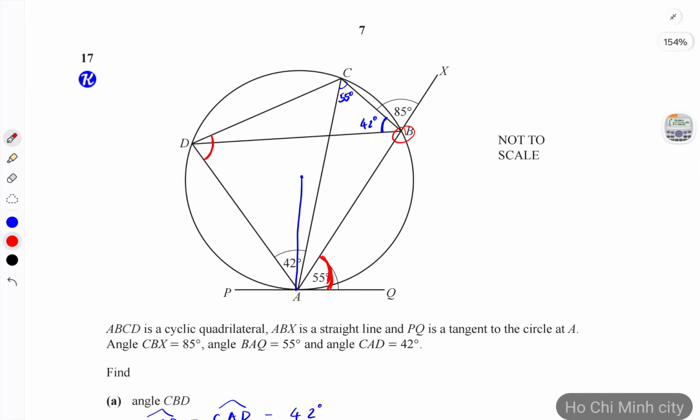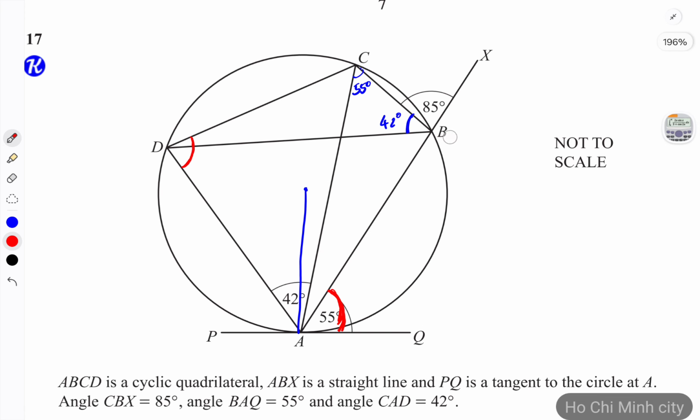All right, so think about the angle ADC. We can find out this angle because we know the sum of three angles is 180. So we will try to find the size of this angle.